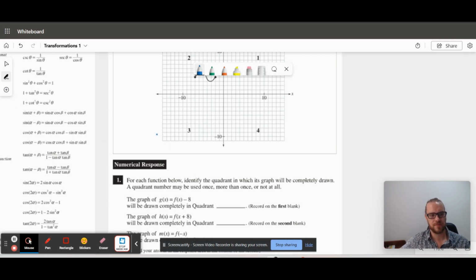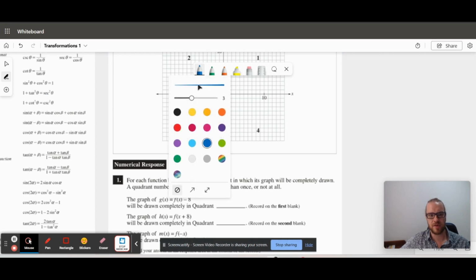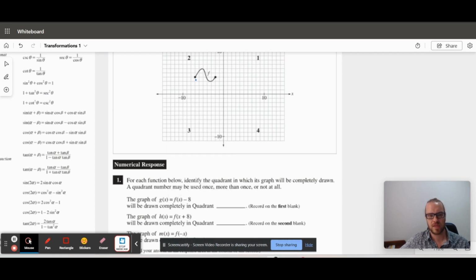Because it is minus 8, it's going to move our entire thing down like this, right? If it moves it down 8, we can see that even this highest point up here, which is around 1, 2, 3, 4, 5, 6, is going to come all the way down to -2. So it's going to be somewhere in here. It's still going to move that entire thing down. The whole graph will now be in quadrant 3.